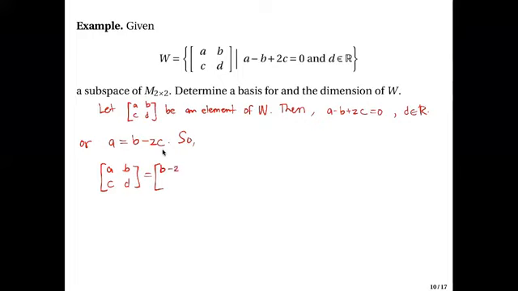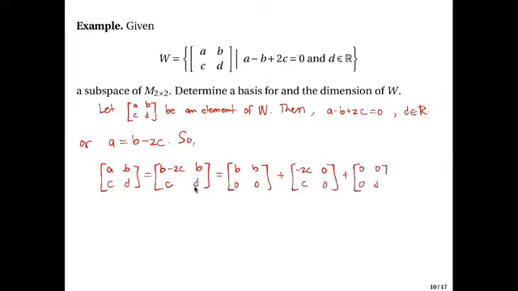So B minus 2C, and then B, C, D. And then we just separate all those with a B, all those with a C, and all those with a D. Particularly, we have here B, B, 0, 0 plus minus 2C, 0, C, 0 plus you have 0, 0, 0, D. Okay? Following so far?